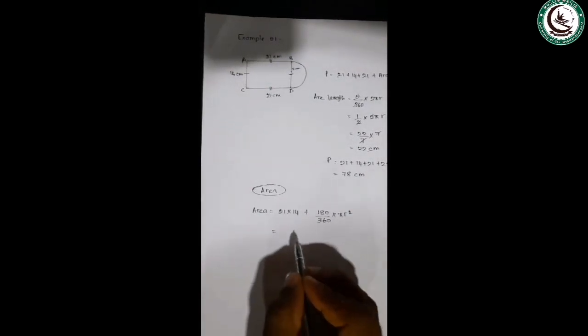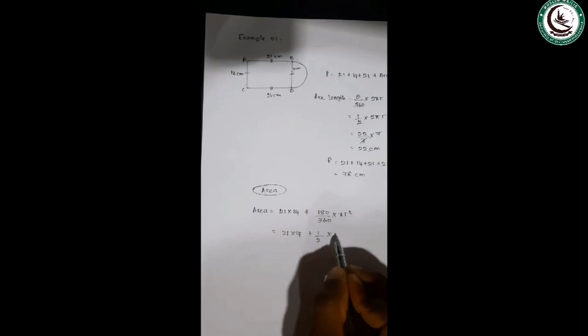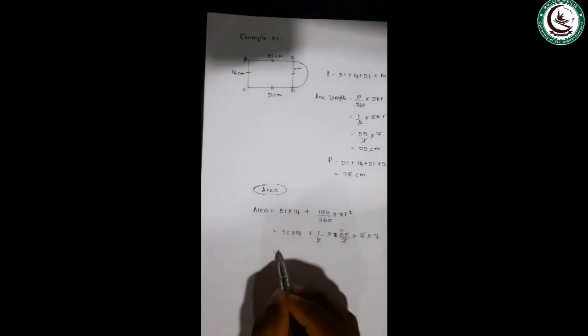So now we can get 21 into 14 plus half into pi. So we can write pi as 22 over 7 into the radius, which is 7. You can cut this. It would be 11.